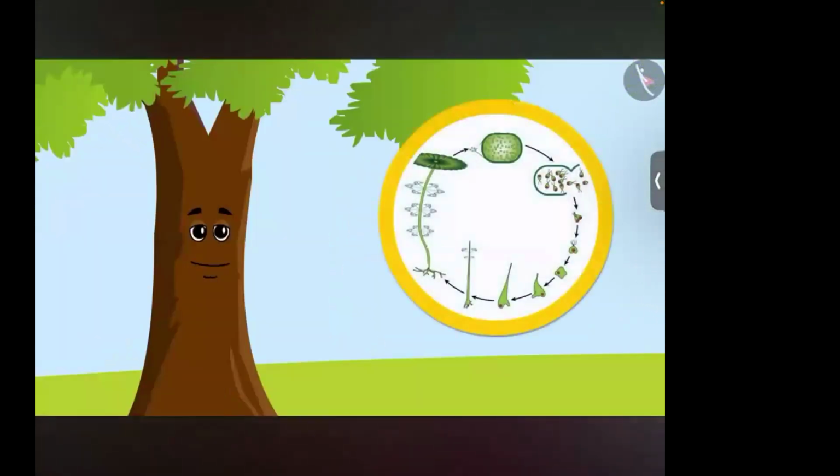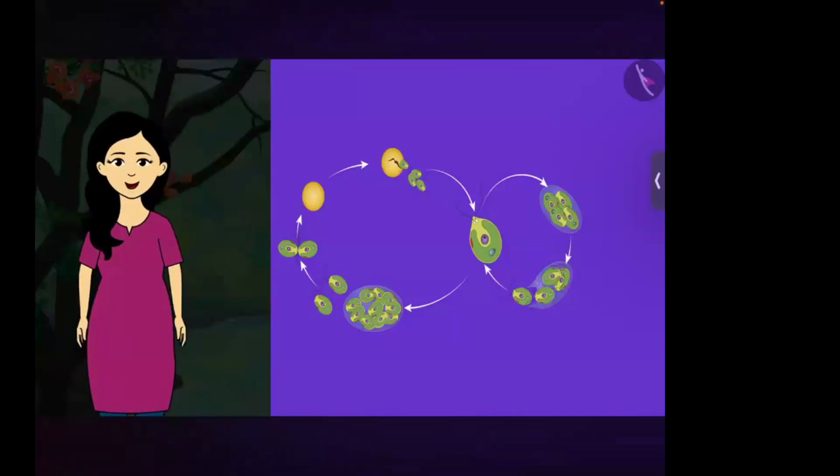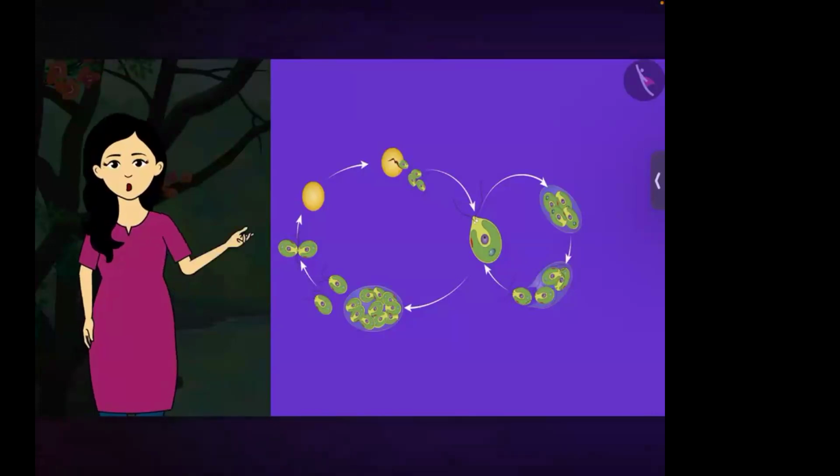Friends, algae get divided into two or more parts. These divided parts become different creatures. And with this continuous growth, the algae spreads over a large area. There are a lot of secrets hidden in nature. It is astonishing to know that algae reproduce through division.